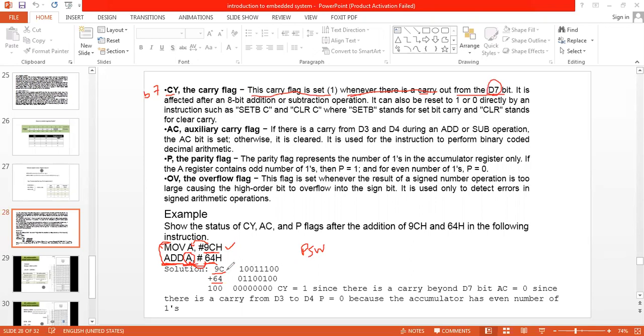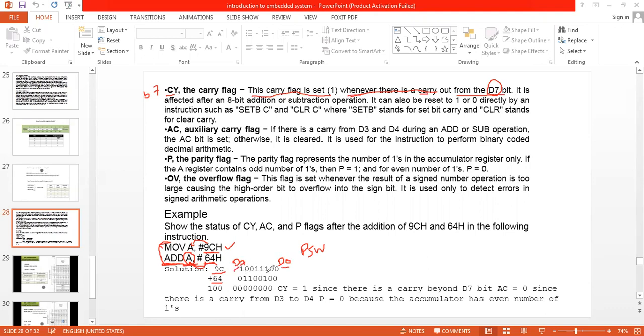Whenever I am doing an arithmetic and logical operation on some data, always denote this is data 0, that is LSB, and this is D7. Every time I perform any operation upon the data, that data is always from D0 to D7.